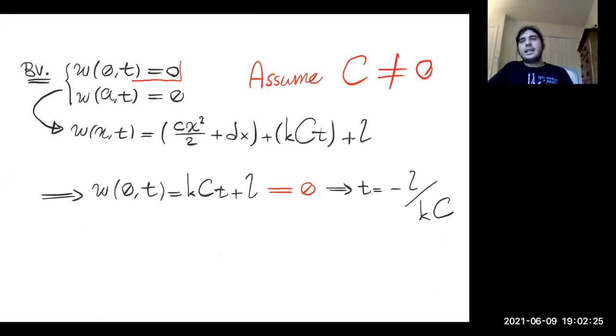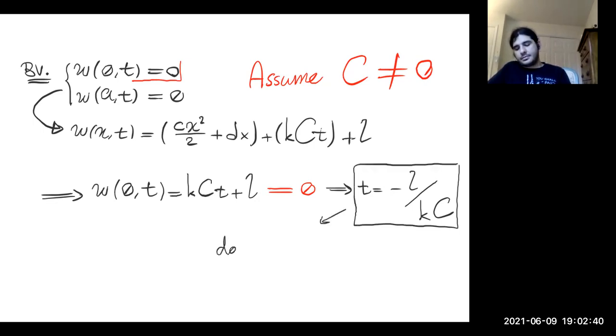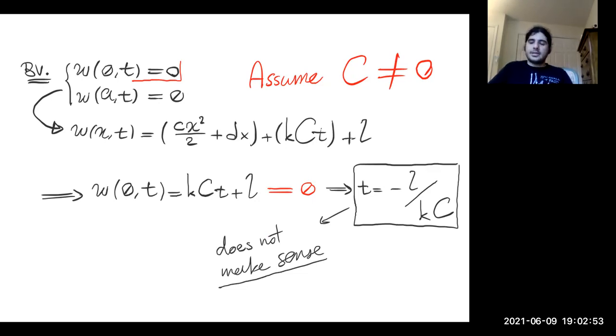what we get, and that doesn't make much sense. Do you know why? Can anyone tell me why this thing does not make much sense? This can't be true. Does anyone know why that is? Well, in some sense that's correct, but look at this equality we have.